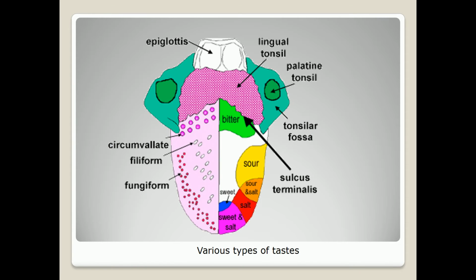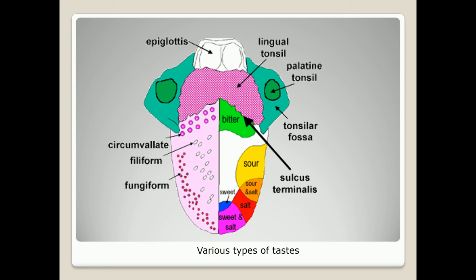Now this is about the various types of taste, which take place in various regions of the tongue. The upper surface of the tongue is called the dorsum and is divided by a groove into symmetrical halves, the median sulcus. The foramen cecum marks the end of this division, which is the beginning of the terminal sulcus.